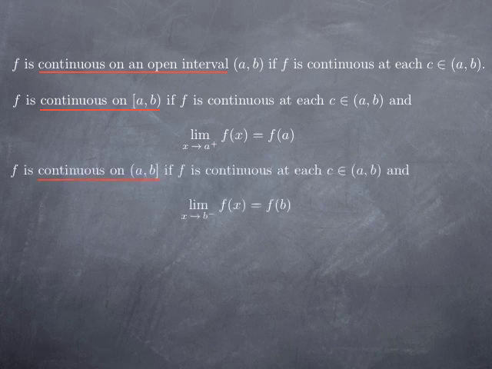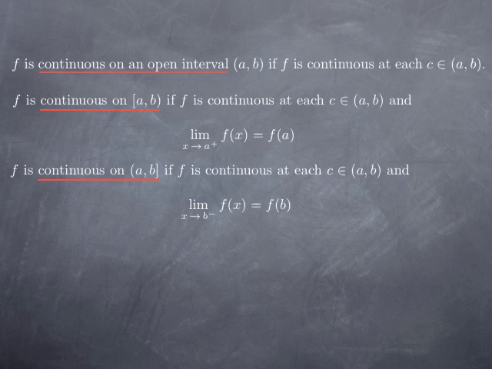On the other hand, the function is continuous on an interval that is closed on the right endpoint, if f is continuous at each point inside the interval, and the limit of f at b from the left is f of b.